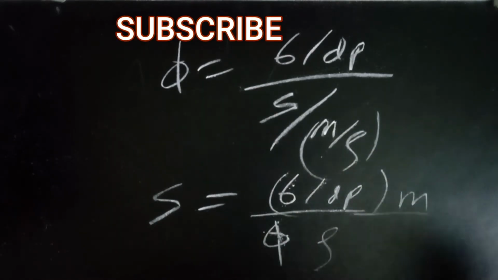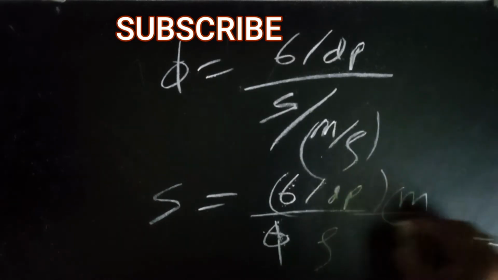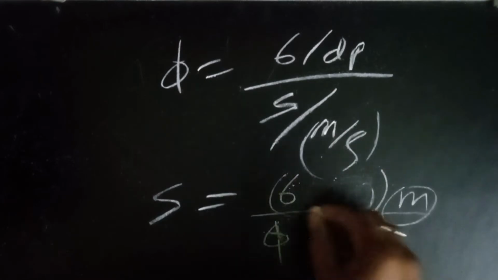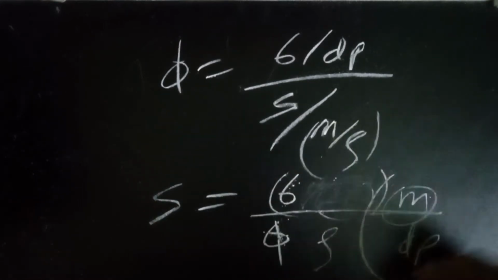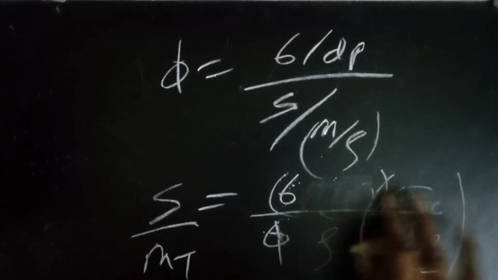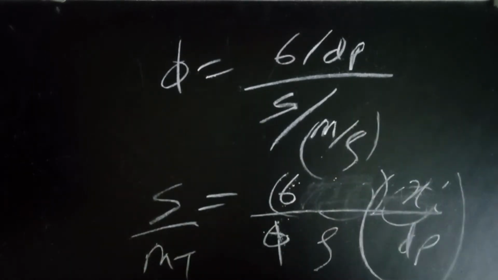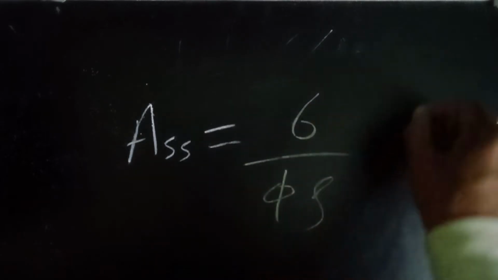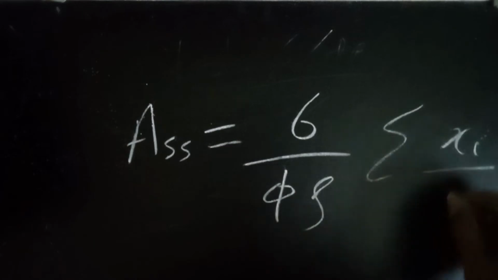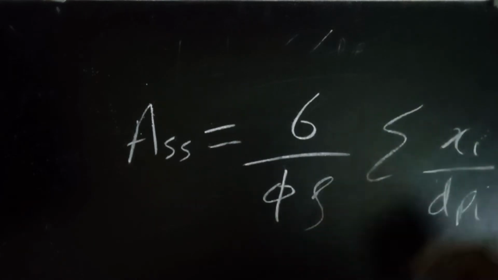So we have a similar term, mass and dp, so dp comes over here, and if we divide by total mass, this would be xi. So the formula is Ass is 6 by phi rho summation, and we need to sum the different fractions by dpi.